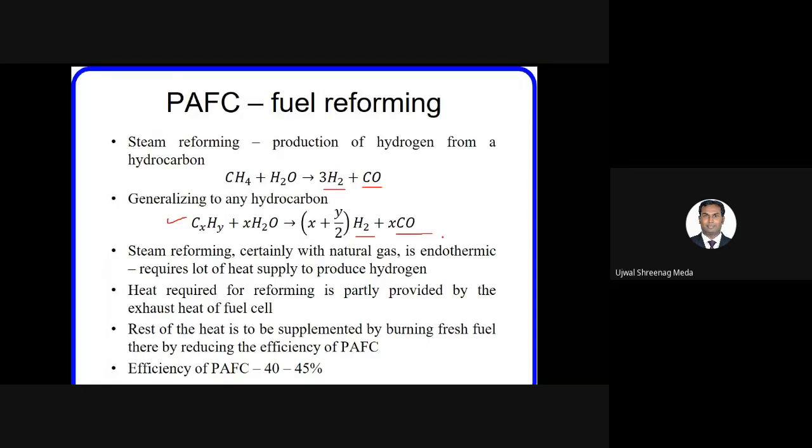So because of that, the external supply of heat for endothermic reactions is brought down. Heat required for reforming is partly provided by the exhaust heat of the fuel cell. Whether it is partly or fully depends upon how much heat is generated in that particular fuel cell. And if that is not adequate enough, you will end up supplying additional heat externally.